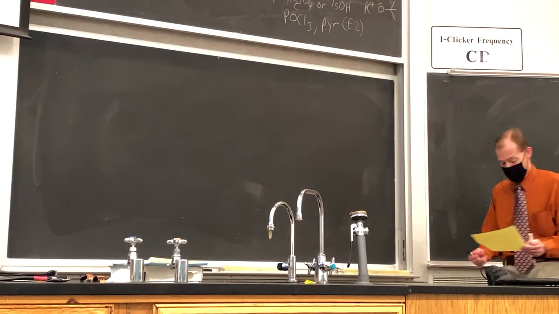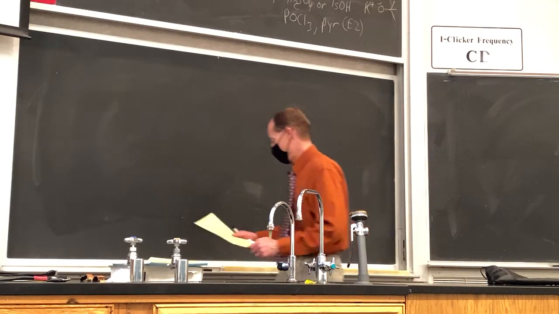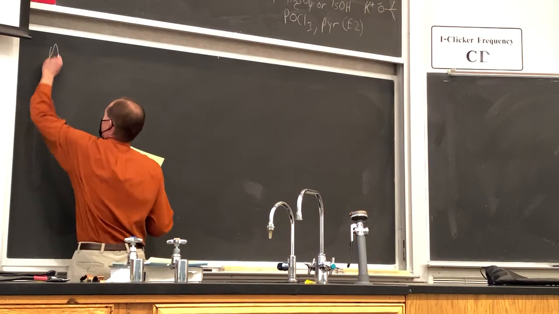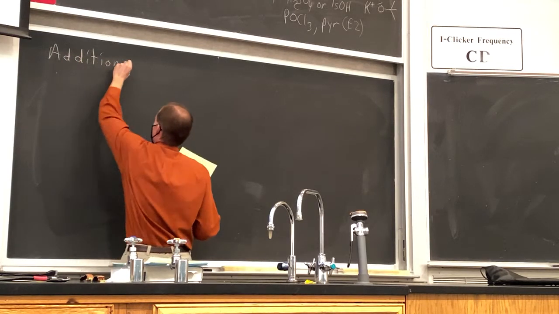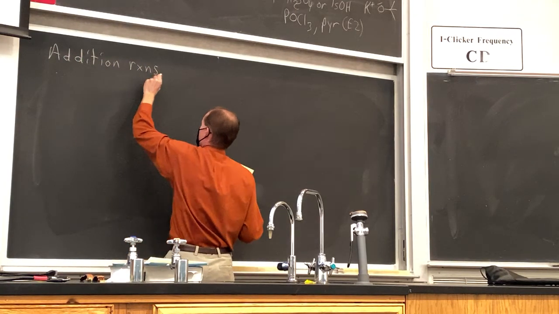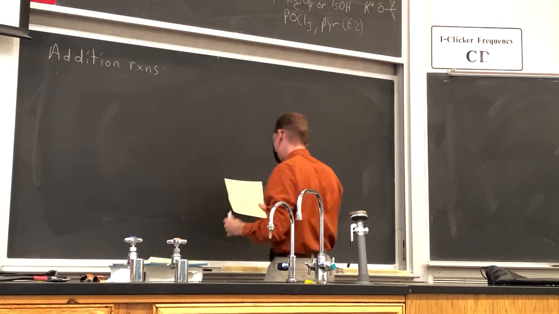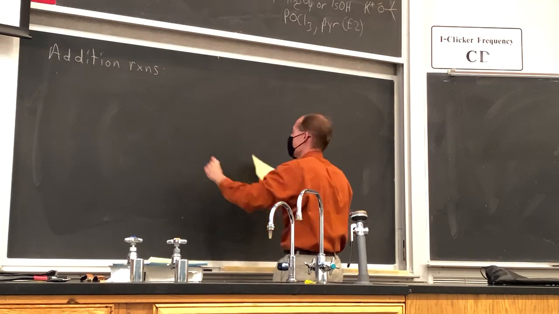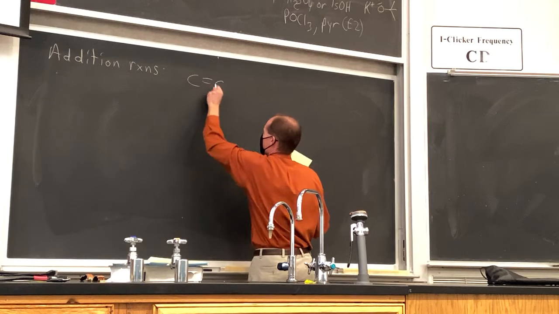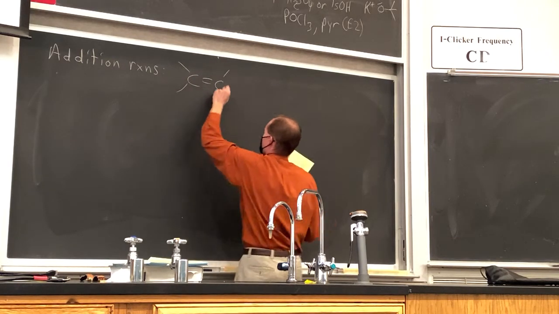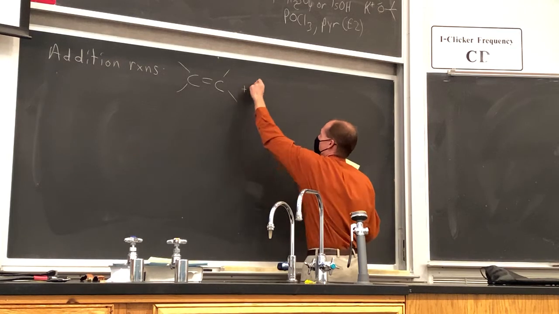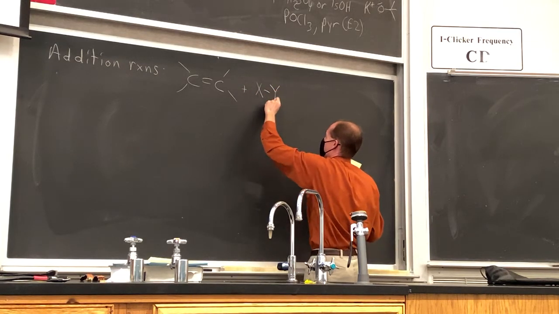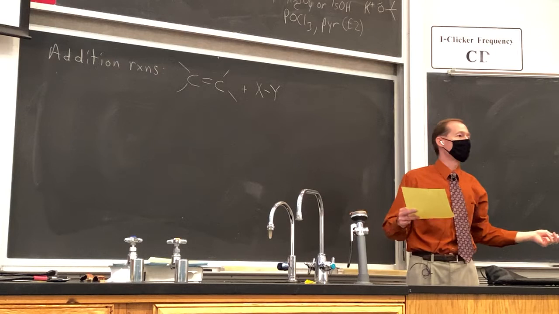So the reactions of alkenes are called addition reactions. Okay? So in an addition reaction, we're going to take an alkene. We're going to react that alkene with a reagent that we'll call XY.